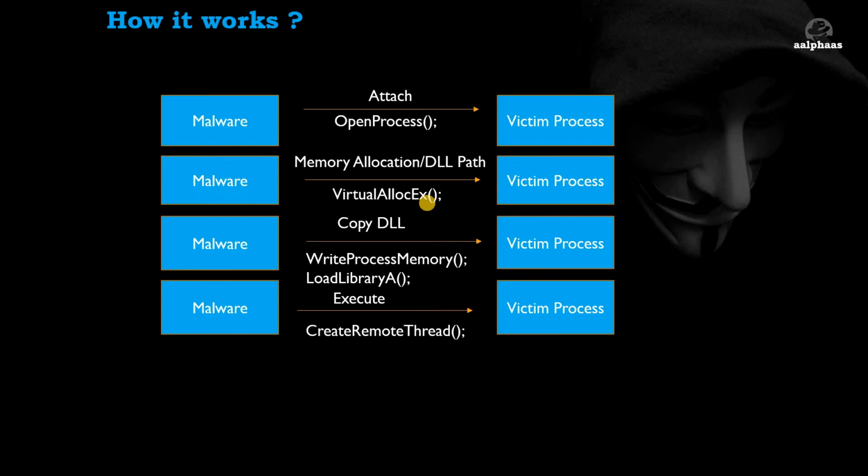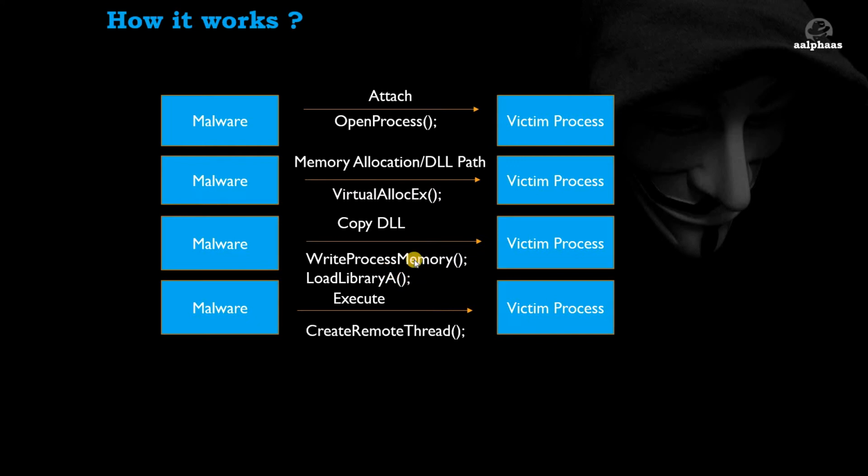Compared to the previous one, we were trying to create a page read execute memory with memory reserve and commit mode. But here we are supplying the path of the DLL on the VirtualAlloc. Then the actual DLL content will be written into the victim process using WriteProcessMemory.